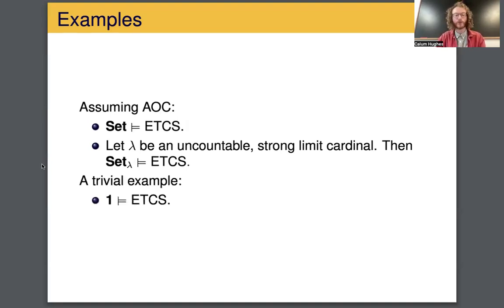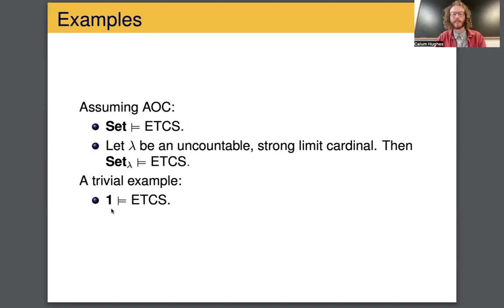And we've also got a kind of trivial example of the elementary theory of the category of sets, which is that the one element category models the elementary theory of the category of sets. So this is a model of it because there's nothing to check. Everything holds trivially, and maybe there's a way to disregard this example because it doesn't look like the category of sets, and we could maybe specify that the natural numbers object N has to be different from the terminal object.